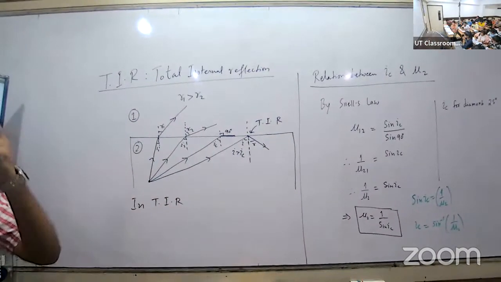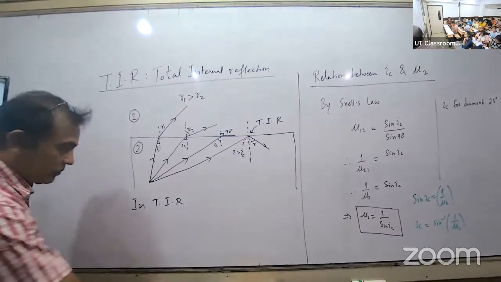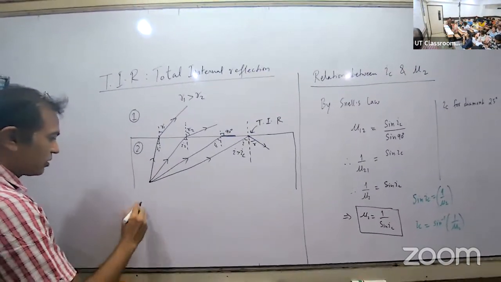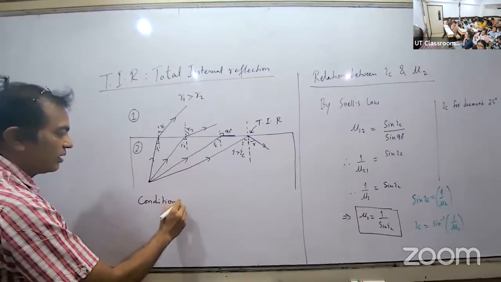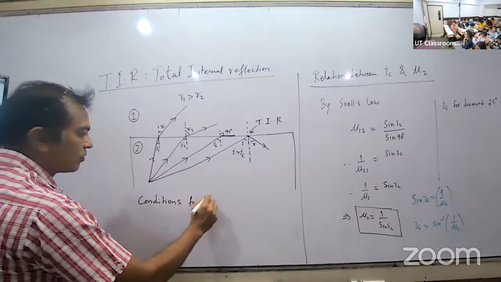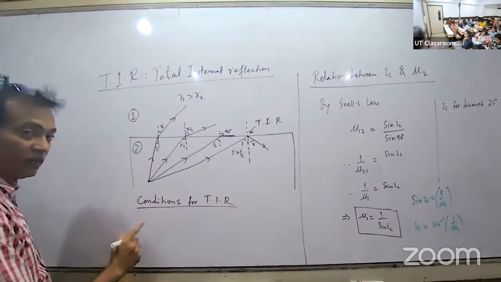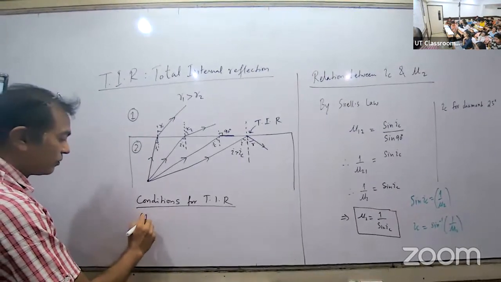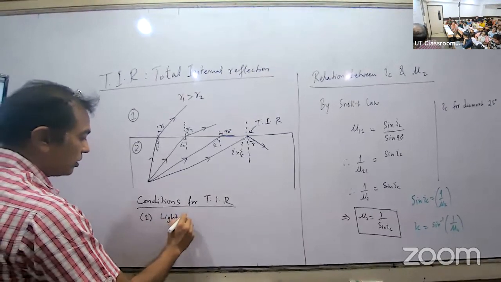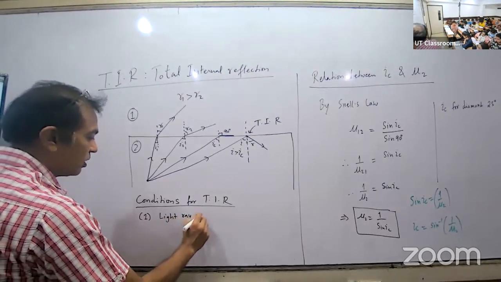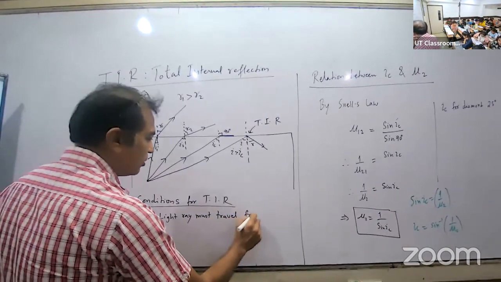So what are the two conditions for total internal reflection? First, you have to know what is TIR and its conditions. First condition: the light ray must travel from denser to air.